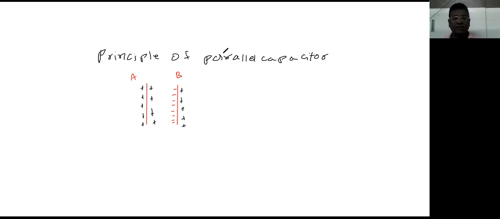Now, because of the presence of the negative charge here, the potential of the plate A has been decreased. How? Let us try to analyze this. For that, I'll give you a small analogy.